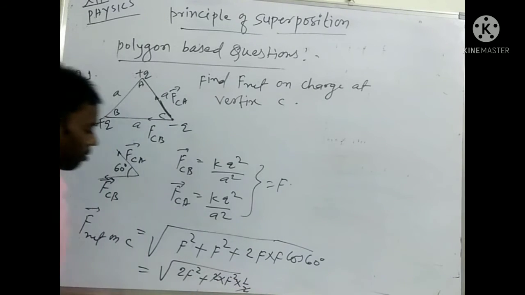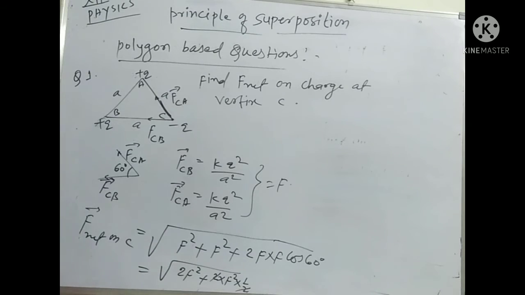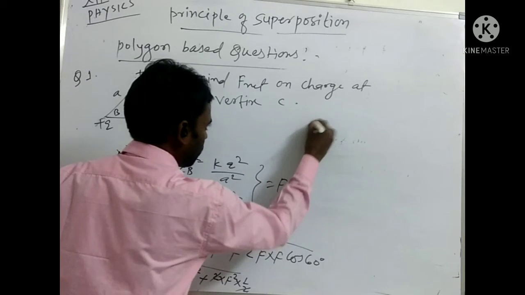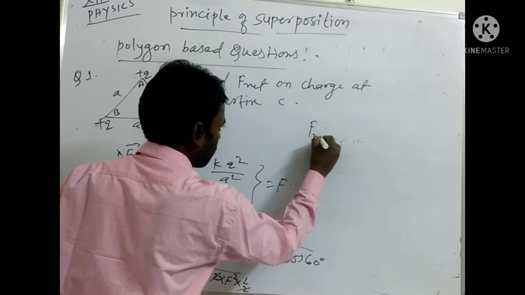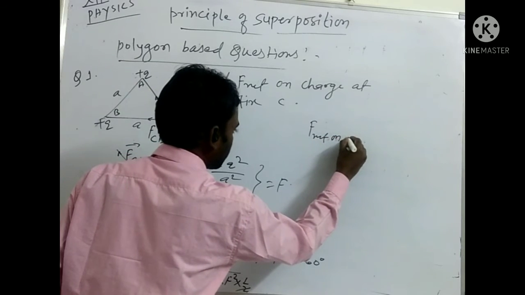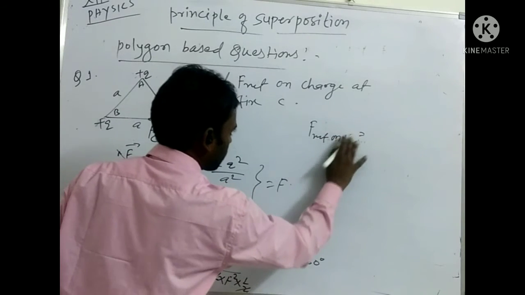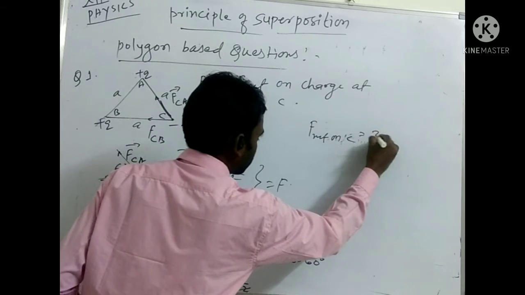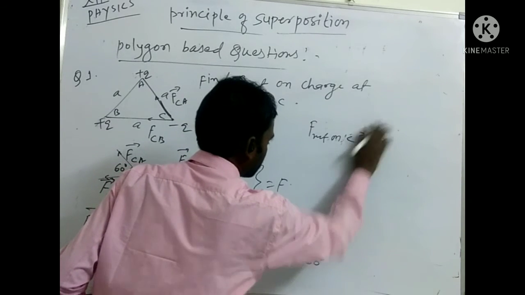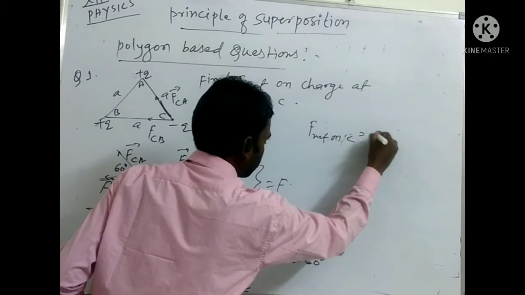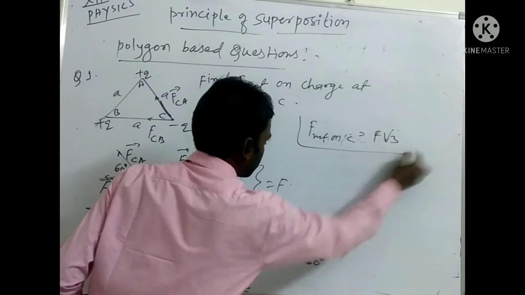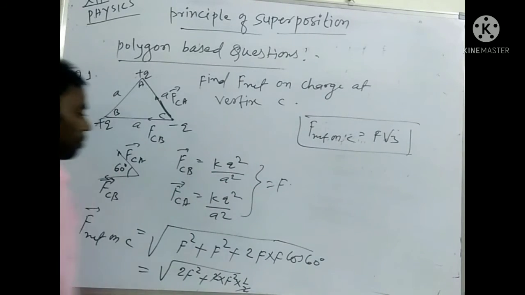This cancels out, then root 3, the same answer. The net force on vertex C is F root 3. This will be the answer.